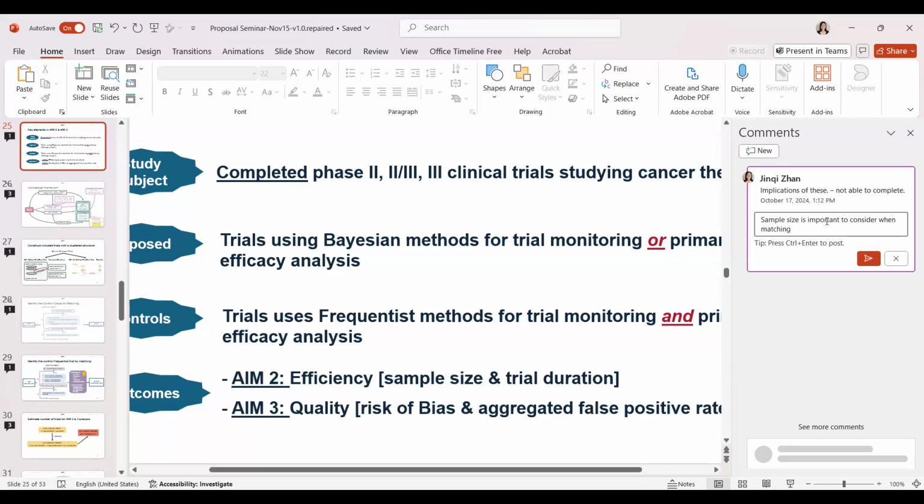Then I could use those statistical operating characteristics to calculate the frequentist estimated sample size and compare that estimated sample size to the actual Bayesian trial sample size.